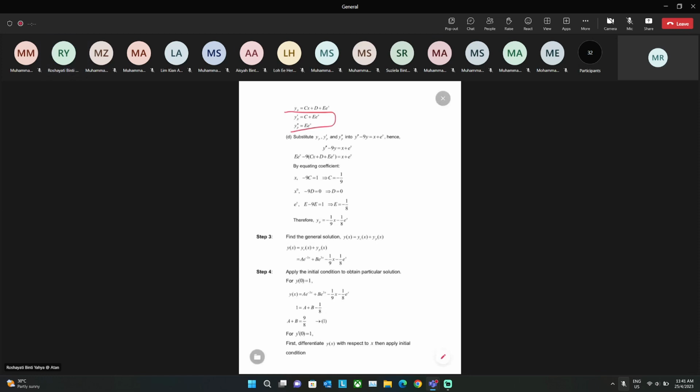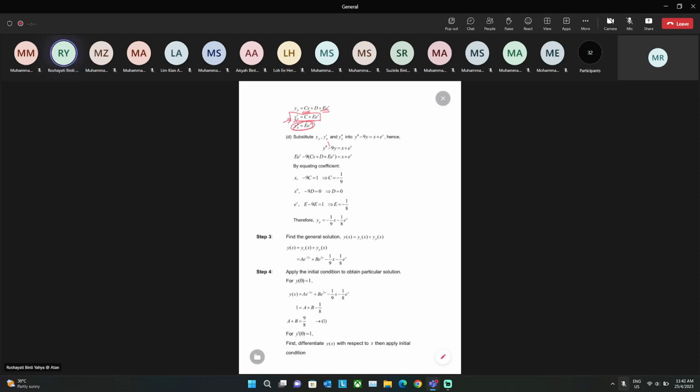Have you tried for this? Not yet, doctor. But we need to use product rule, madam? It is just differentiation, right? No need actually. You don't have to go for product rule, because if you differentiate these two, you will get YP prime, and then you differentiate c plus x, e exponential x, you will get this.